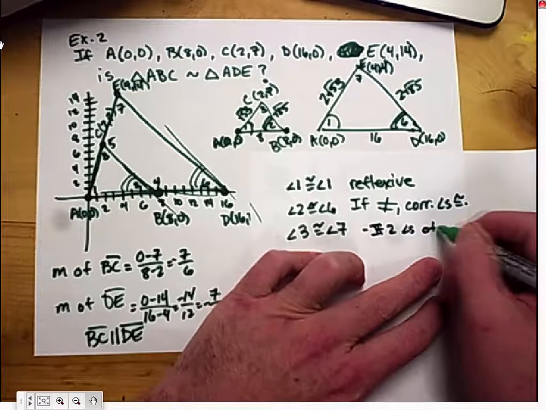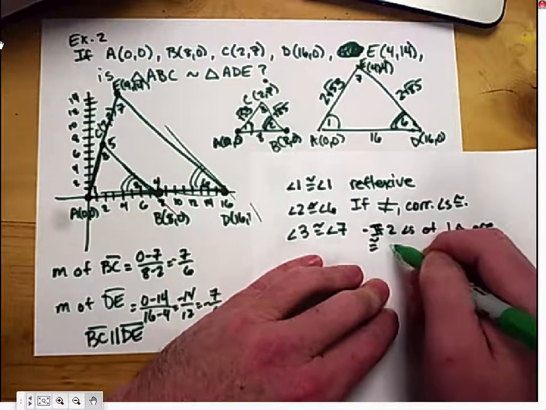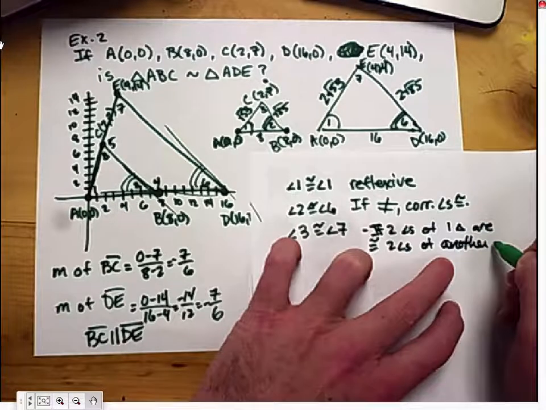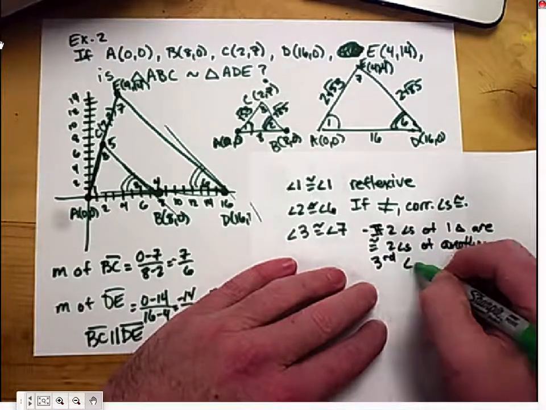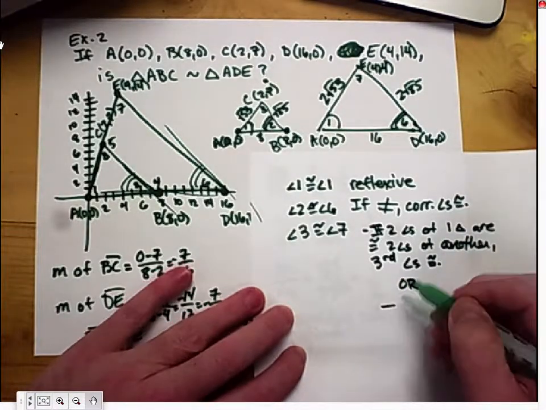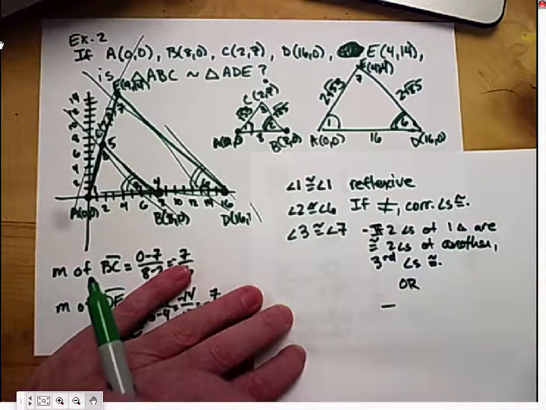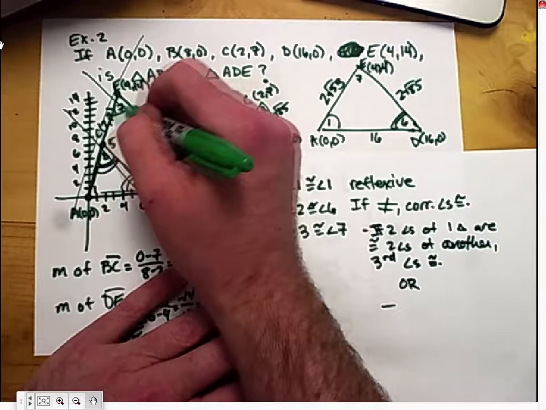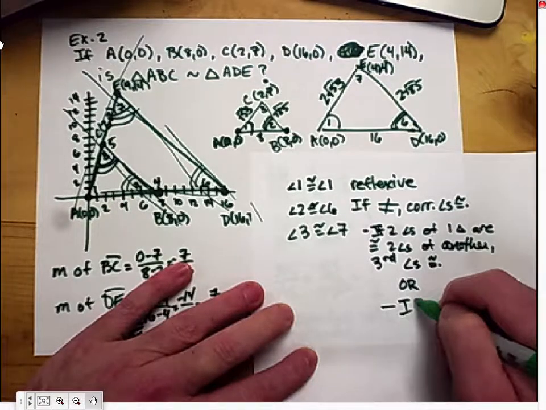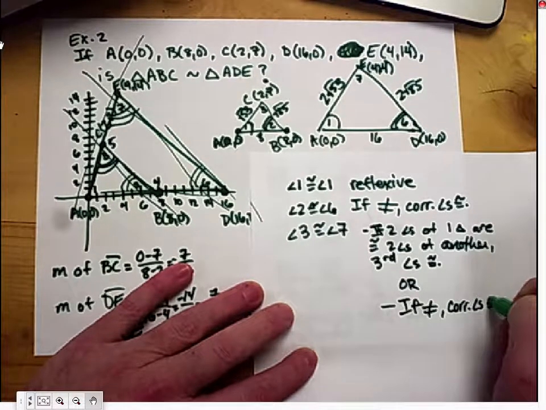Or we've got two parallel lines cut by a transversal. Those are corresponding angles. Or you could say if parallel lines cut by transversal, corresponding angles are congruent.